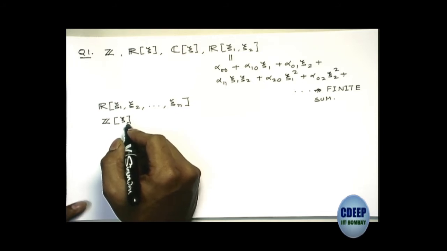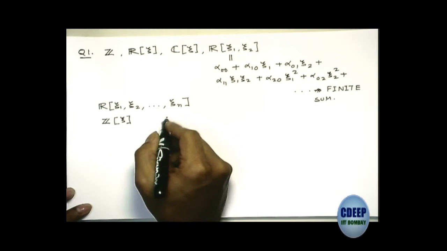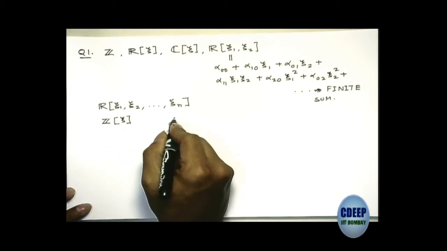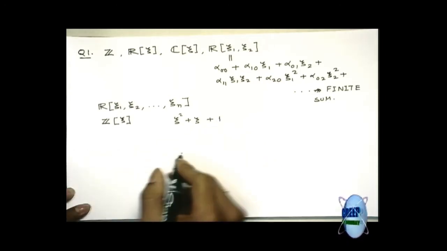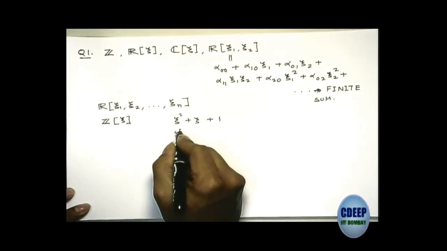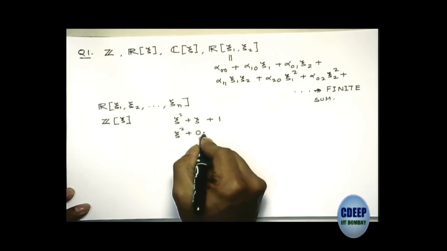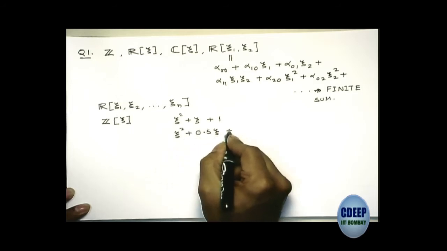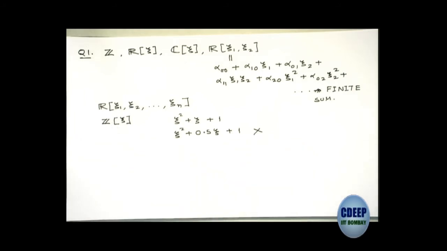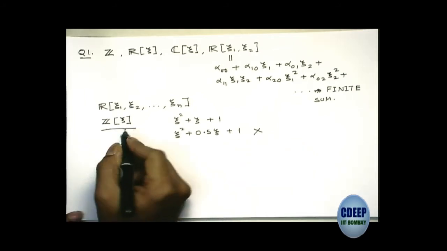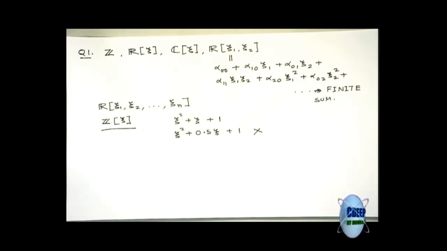So something like xi squared plus xi plus 1 is a polynomial here, but unlike the previous case, if we have xi squared plus 0.5 xi plus 1, then this is not a polynomial here. You can check that this set also is a commutative ring.